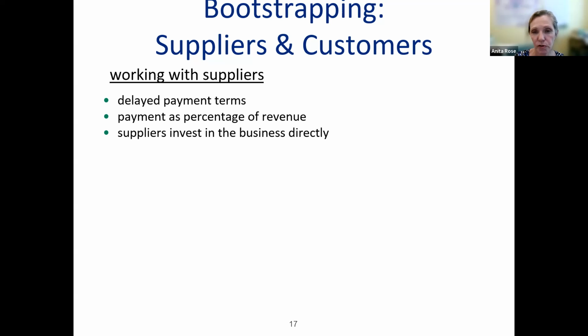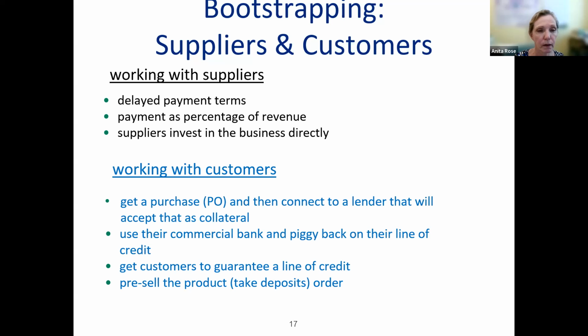Suppliers investing in the business directly, that is another option. And working with customers, you know, getting your purchase order and then getting your lender to give you collateral. It depends, certainly this is for large purchases. So you get the purchase order in hand.